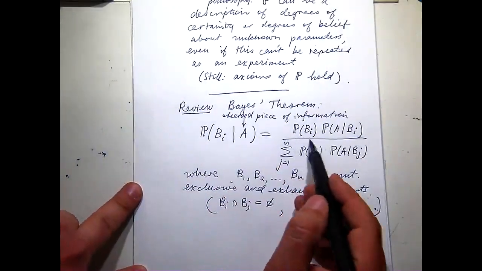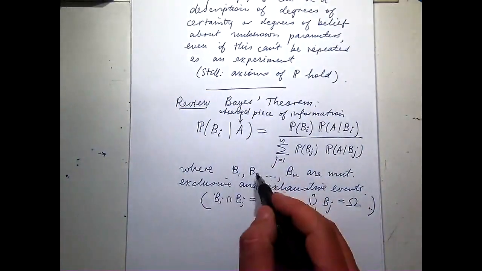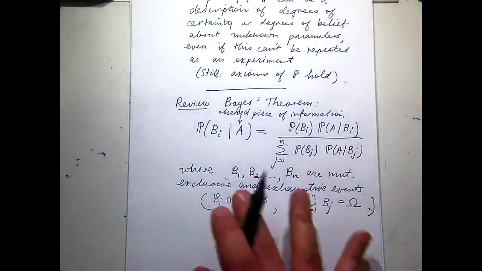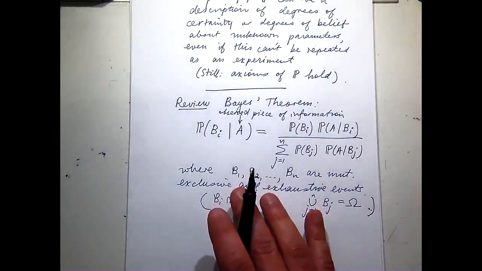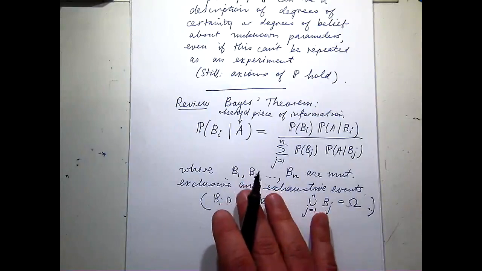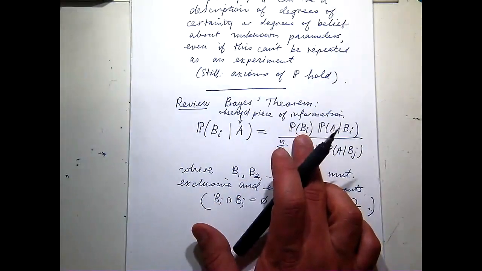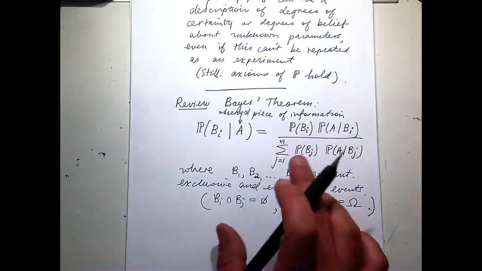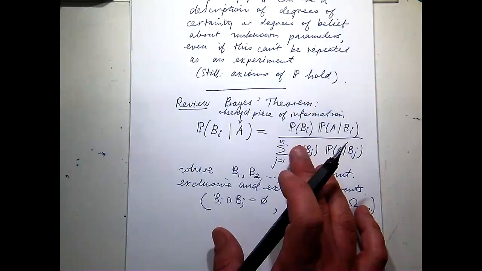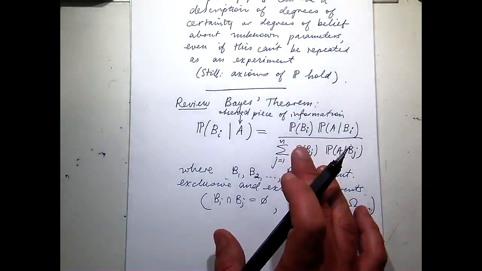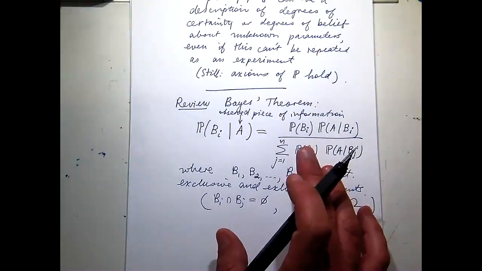B1 up to Bn are the underlying states of the world, and we're in one of those categories, and we don't really know which one, but we know they have certain probabilities to start with. So let's say categories green, blue, and red have probability 0.2, 0.3, and 0.5.